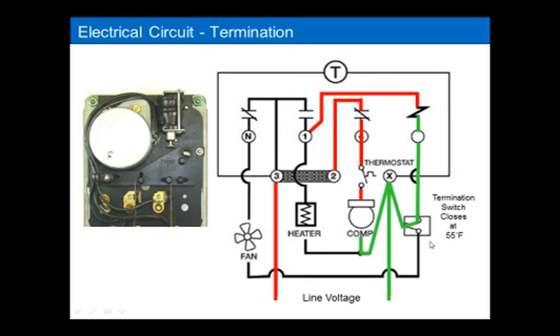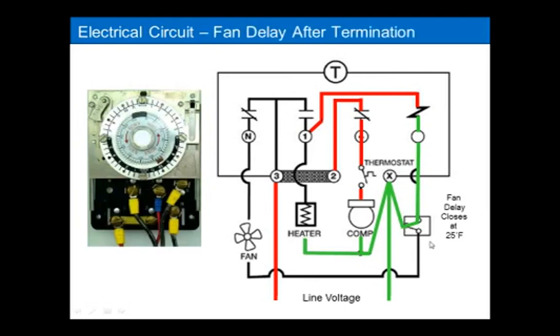As soon as my coil temperature drops, I'm going to open up this switch, and now this part of this single pole double throw switch makes, and now my fans will come on. Now I complete the circuit, and that switch closure occurs at about 25 degrees, so now my fans come on without blowing hot, warm, humid air into the case.